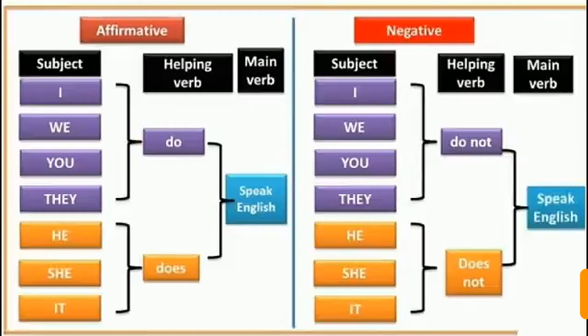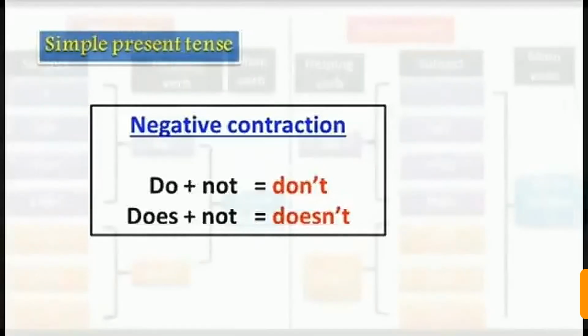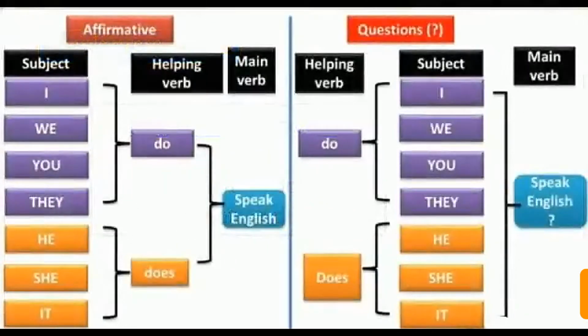Just remember that for the negative contractions, do plus not can be shortly written as don't and does plus not can be written in short form as doesn't. And in the affirmative sentences, as I have told you, the simple formula will be followed, that is if I, we, you and they are there, then the helping verb do will be used along with the main verb, and if he, she or it are there, then the helping verb does will be used along with the main verb.